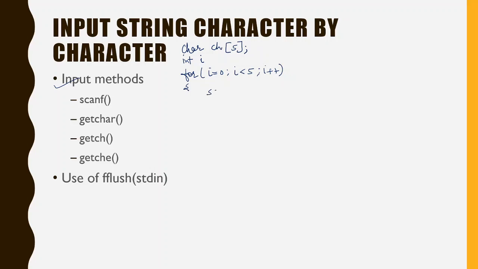I would simply use scanf, sorry, not percent d, scanf percent c and ampersand ch[i]. This is the method that we will use for character by character input to an array, and normally we will use this method only for character arrays.